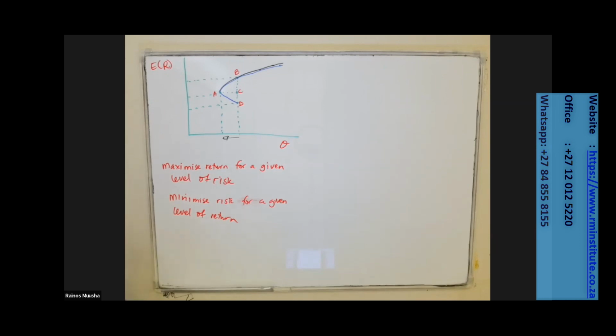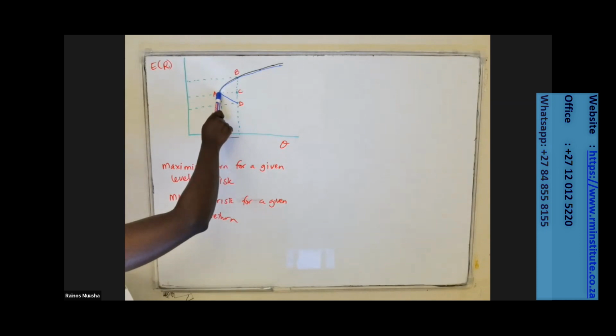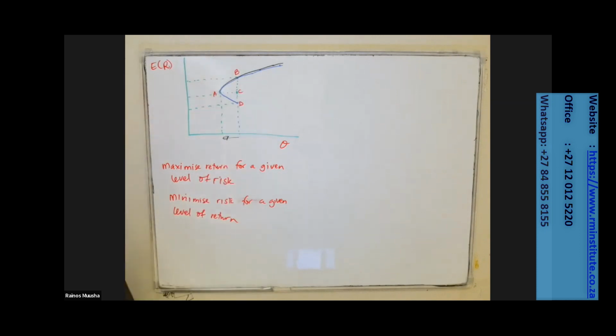So it depends on the investor's risk appetite. If the investor has a higher risk appetite, they are going to invest in portfolio B. And if the investor has a lower risk appetite, they're going to invest in portfolio A. So it will depend on exactly what is the risk appetite of the relevant investor.